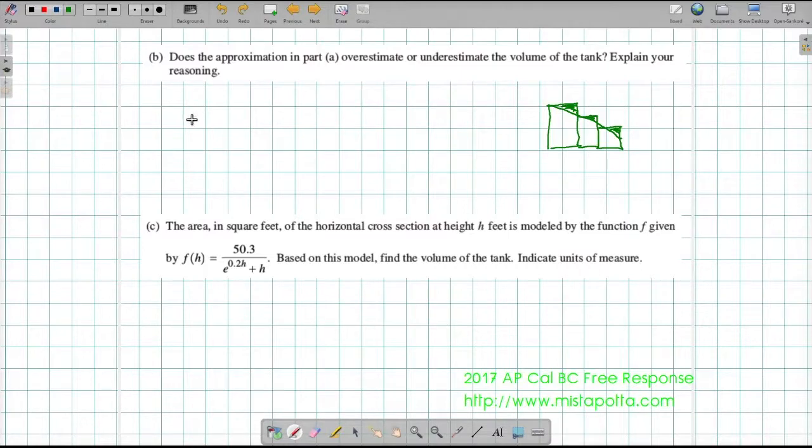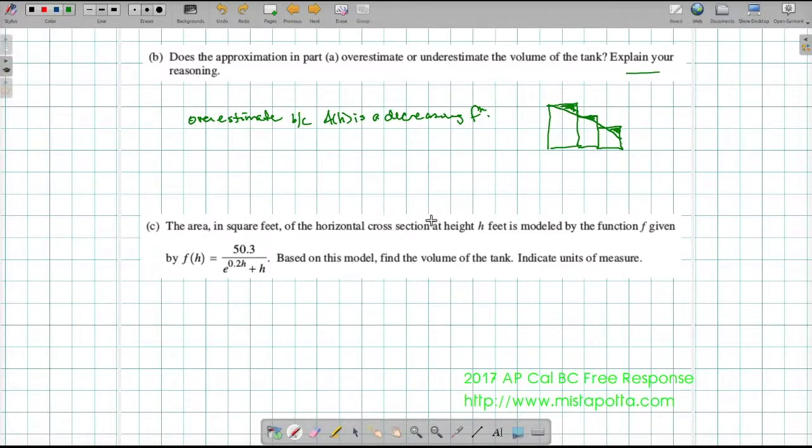So we can say that our estimate is an overestimate, and our reasoning is because our function A of h is a decreasing function. So that's what we're looking for here.